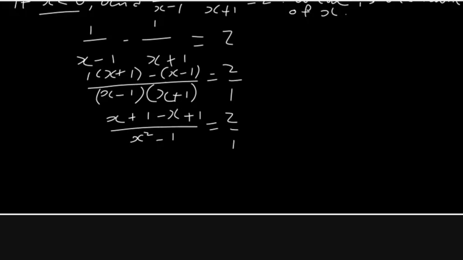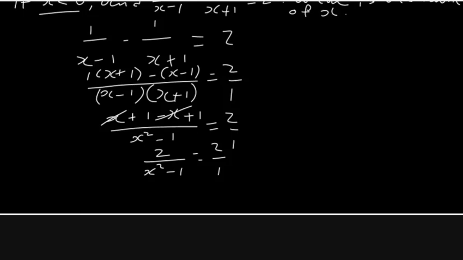So what do we do next? x minus x cancels, and we have 2. So here we have 2 divided by x squared minus 1 is equal to 2 divided by 1. What do we do again? We cross multiply.